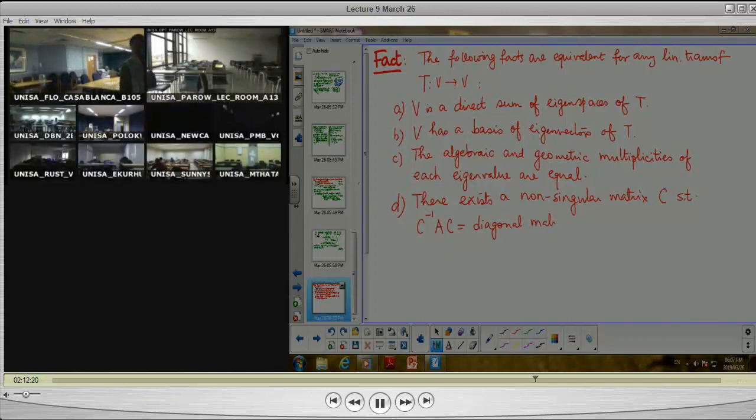Okay? So that is all, the whole of the story around diagonalization, around eigenvalues, their eigenspaces, their sum. That's the whole story.